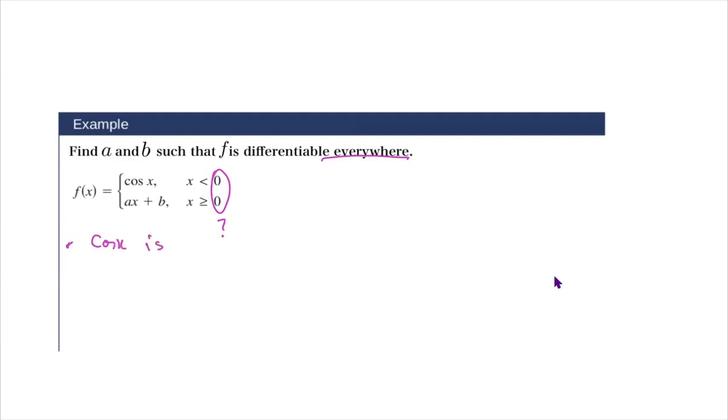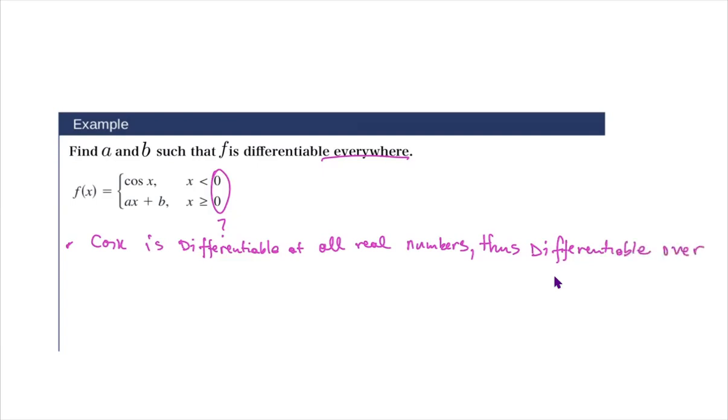Cosine x is differentiable at all real numbers, so it's differentiable over negative infinity to 0, because it's open for this.